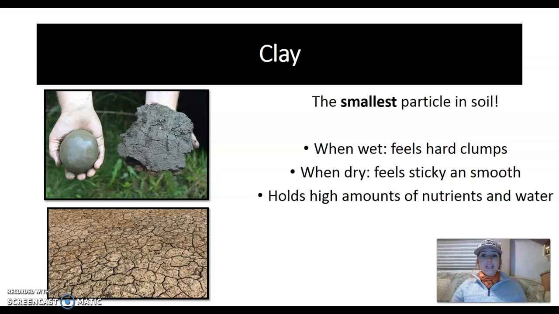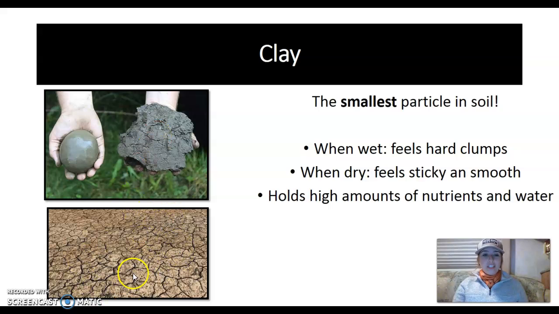Clay. Clay is the smallest particle in soil. Clay is what? Good job. It's the smallest particle in soil. When it's wet, it oftentimes feels hard and gets into clumps. As you can see right here, that clay is starting to dry out, and it's pretty clumpy.